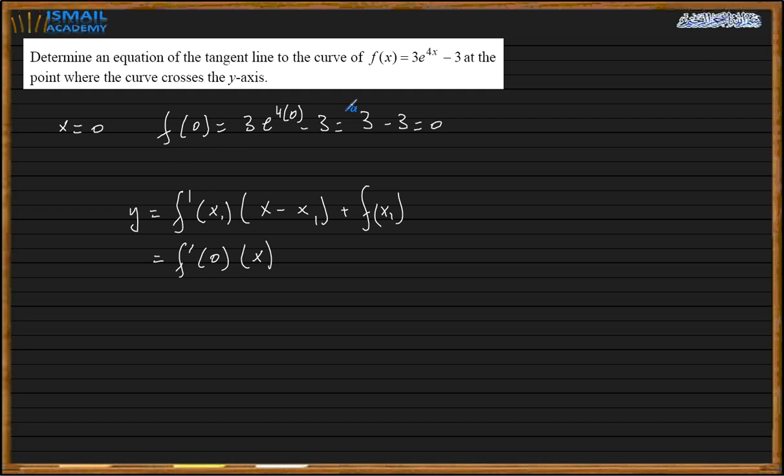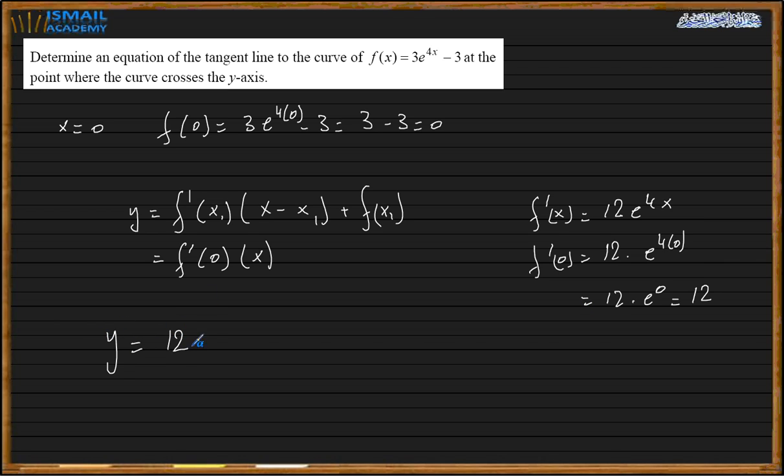So I need to find the derivative of f. f prime of x will be 12 e to the 4x. Now f prime of 0 is 12 times e to the 4 times 0, which is 12 times e to the 0, which is 12 because e to the 0 is 1. So my final answer will be y equals 12x, and this is the equation of the tangent line at the point where the curve crosses the y-axis.